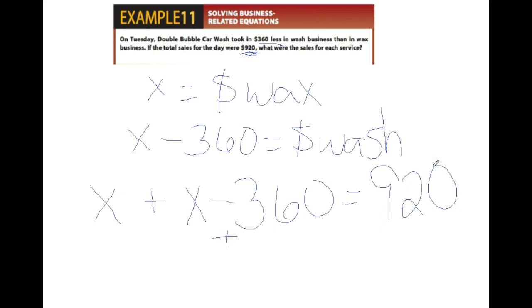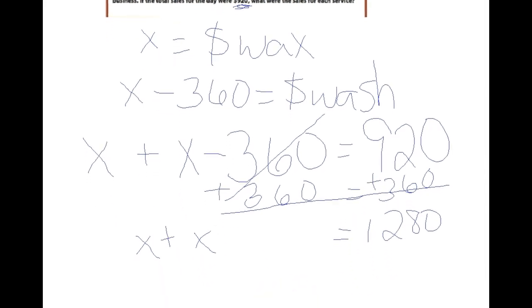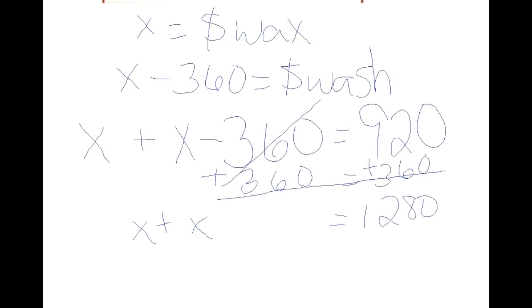So we'll add 360 to each side. It's going to cancel that out. We're going to be left with X plus X equals 1,280. Then, let me just move my screen down.